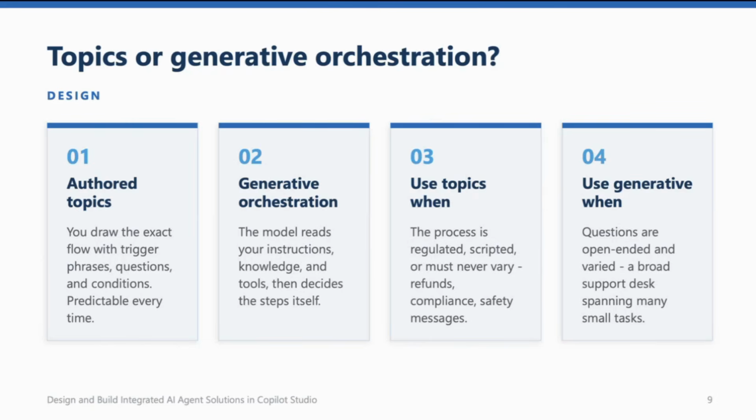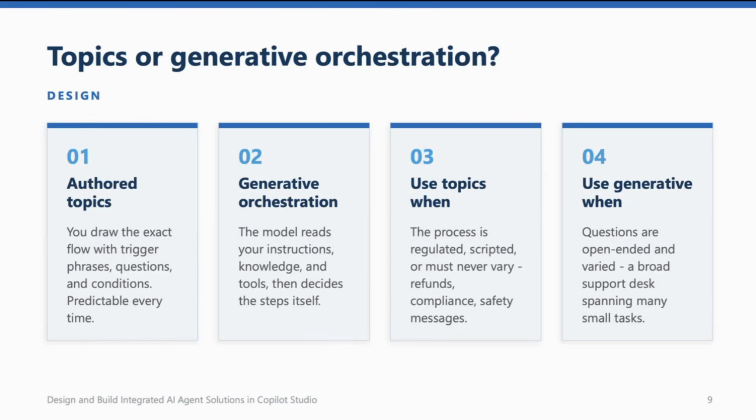Use topics where variation is dangerous. You want the exact answer to be provided to the end user, let's say a refund policy or any safety message. Use generative means let the agent generate the answer when it receives a question where questions are wide open, like a general help desk.